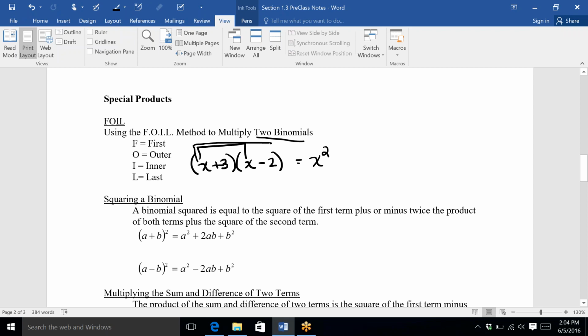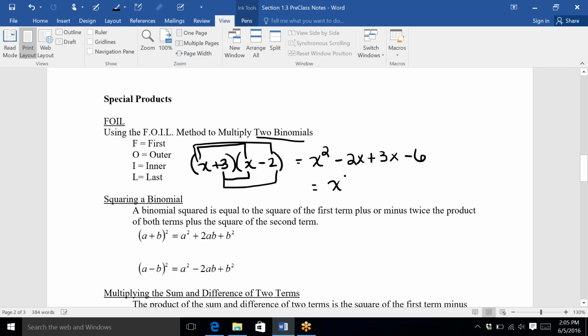Outer means multiply the things that are farthest away from each other, so the x and the negative 2. Inner means multiply the two inside numbers together, so that'd be positive 3x. And last means multiply the last thing in each parenthesis, so that's 3 times negative 2 or negative 6.